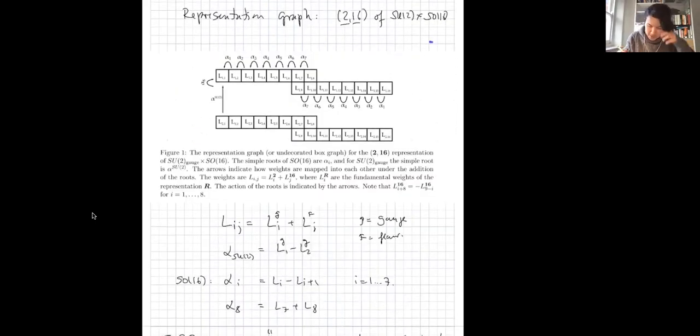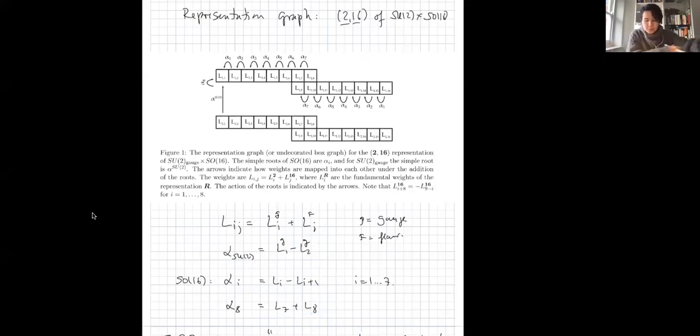The weights, the L_i's in each of these boxes, are a gauge weight plus a flavor weight. And so for the SU2, we have the roots given in terms of the fundamental weights as L1 minus L2, and for the SO16, again, Li minus Li plus 1, and then alpha 8 is L7 plus L8.